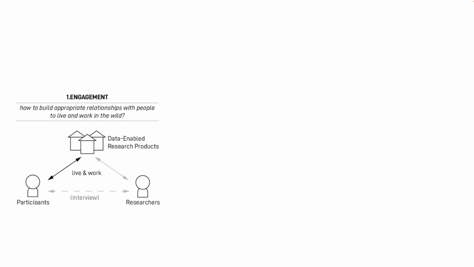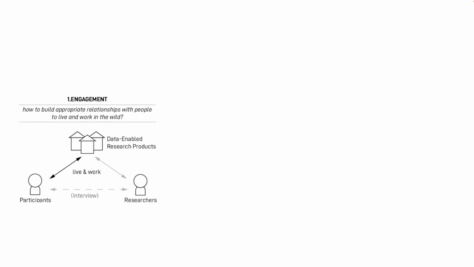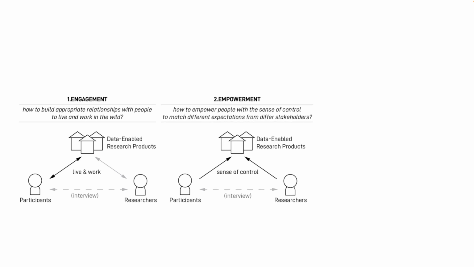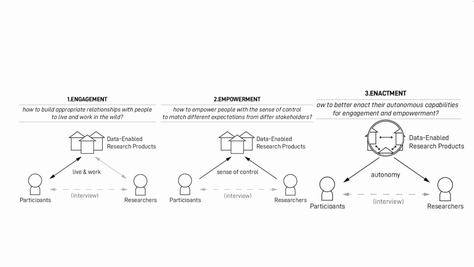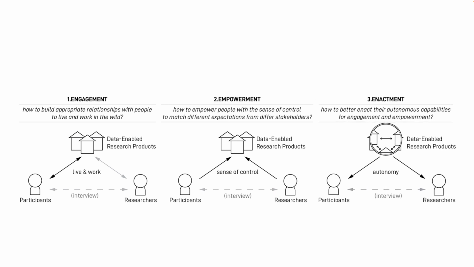And then we explored how to design data-enabled objects that can engage in human activities to capture contextual data without intervening in human practice. How can the object provide stakeholders with the desired level of control? And finally, how to make objects better enact their autonomous capabilities as context changes.